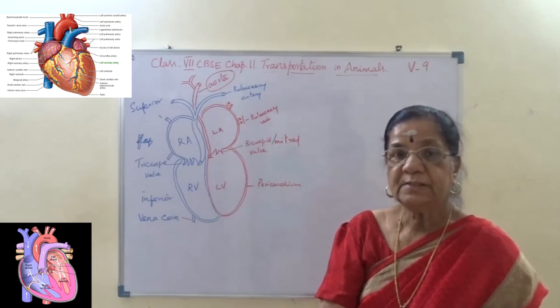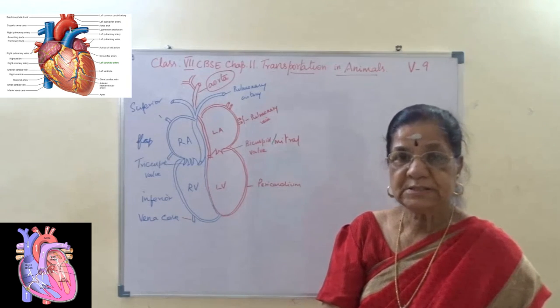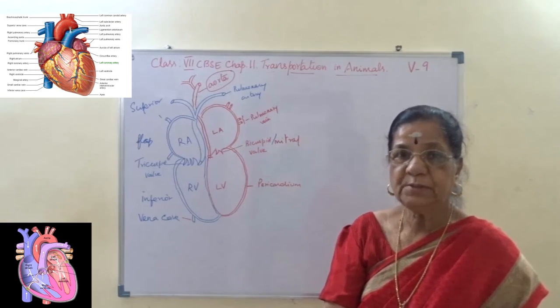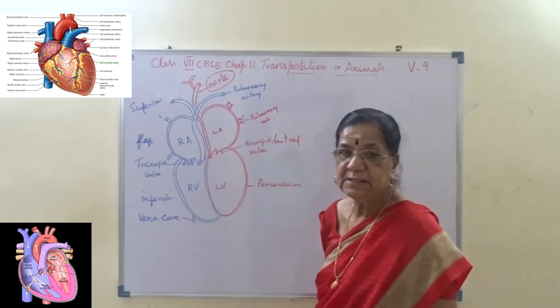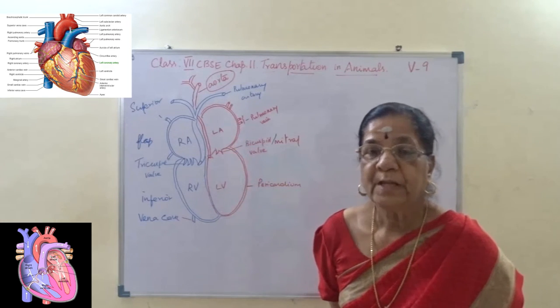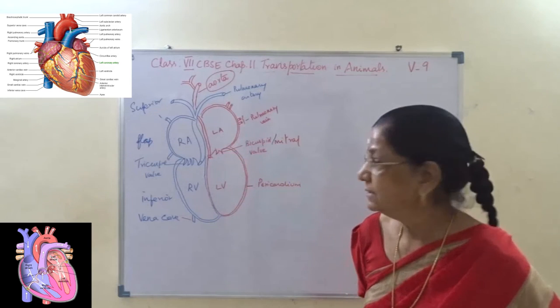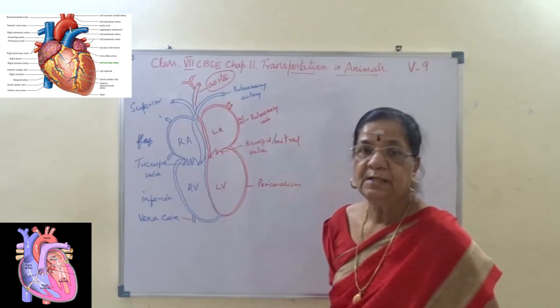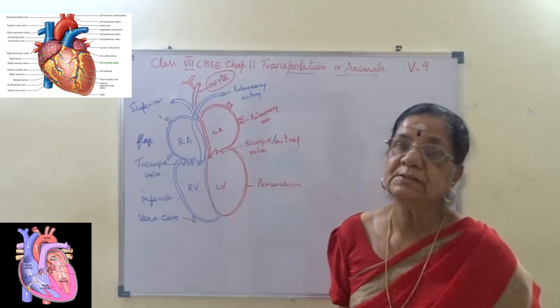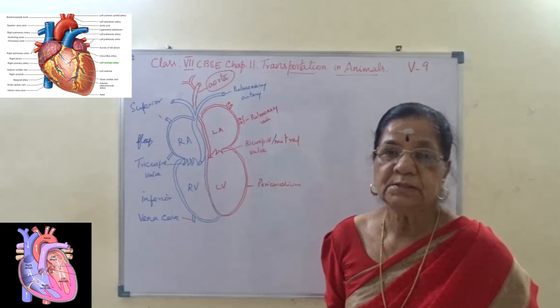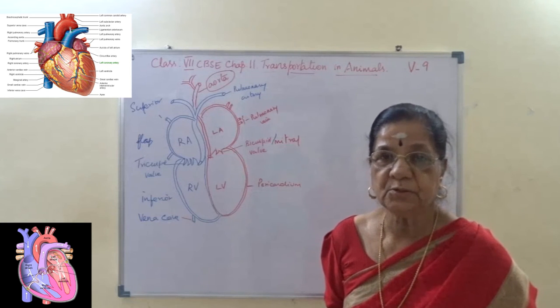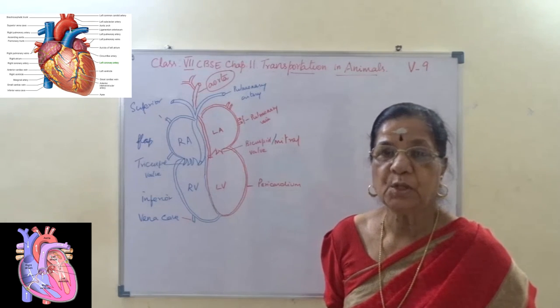Right? Same way, from the lungs oxygenated blood reaches the left atrium through the pulmonary vein. And then from the left atrium it reaches the left ventricle and from there through the aorta it is distributed to various parts of the body.